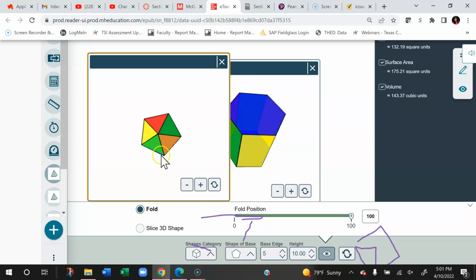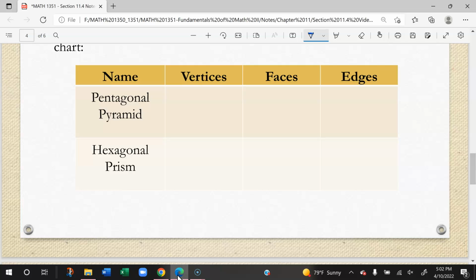We have 1, 2, 3, 4, 5, 6 vertices. With our number of edges, we have 1, 2, 3, 4, 5, 6, 7, 8, 9, 10 edges. So for a pentagonal pyramid, we have 6, 6, and 10.